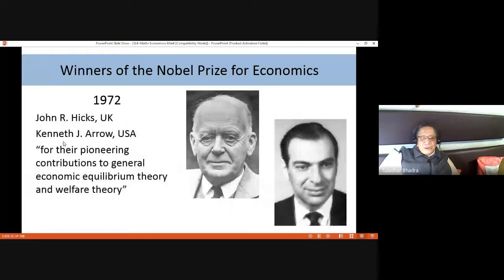In 1972, John Hicks from the UK and Kenneth Arrow from the USA, for their pioneering contribution to general economic equilibrium theory and welfare theory.